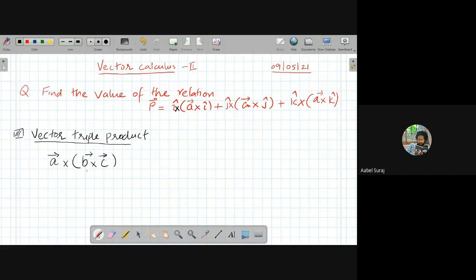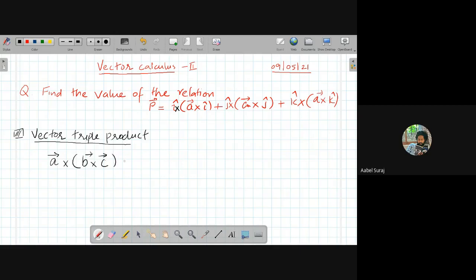But in A dot B cross C, we get a scalar, because B cross C is a vector, and A dotted with another vector gives a scalar. So the vector triple product is a vector, and the scalar triple product is a scalar quantity.